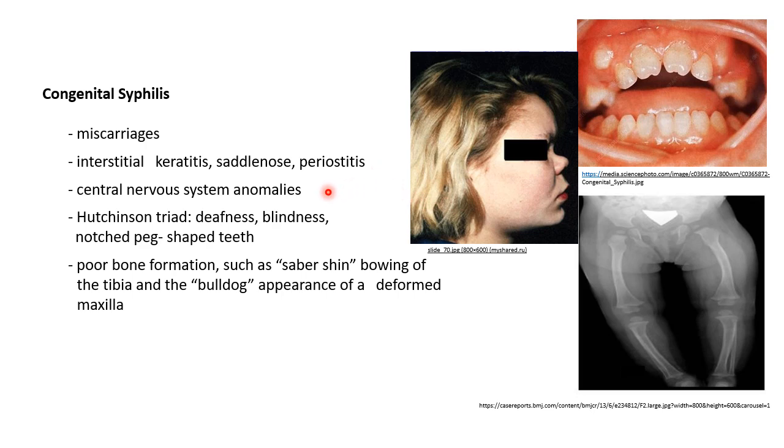It would also include central nervous system anomalies, or what is called the Hutchinson triad, comprised of deafness, blindness, notched peg-shaped teeth, and poor bone formation such as saber shin, bowing of the tibia, and the bulldog appearance of a deformed maxilla.